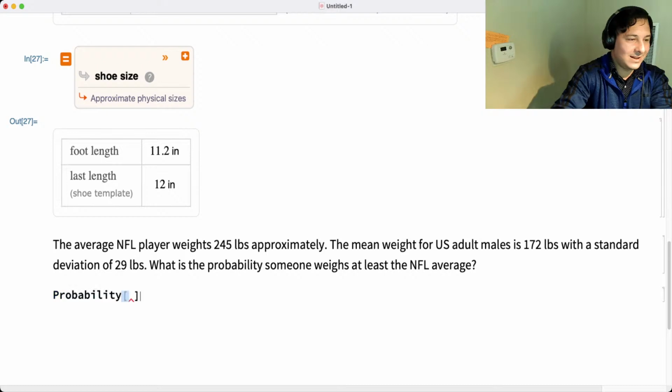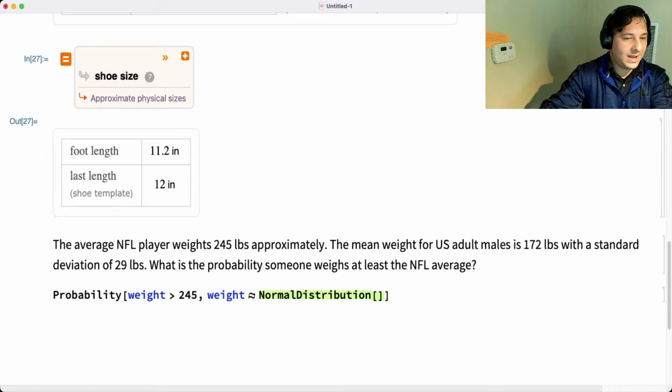Okay, let's use weight. You want to know the probability that their weight is more than 245, and weight is going to be distributed according to a normal distribution, where the mean is 172 and the standard deviation is 29.